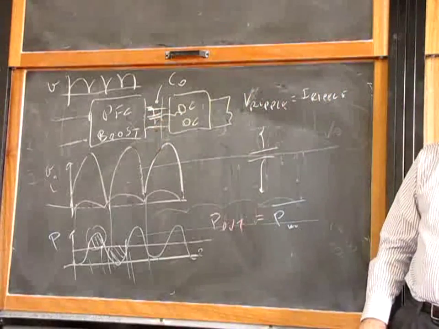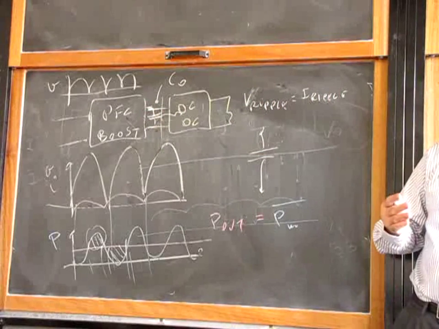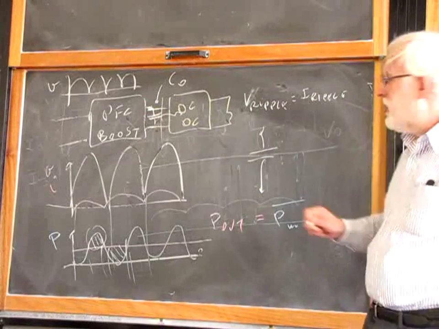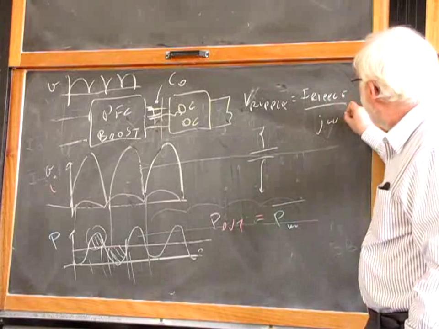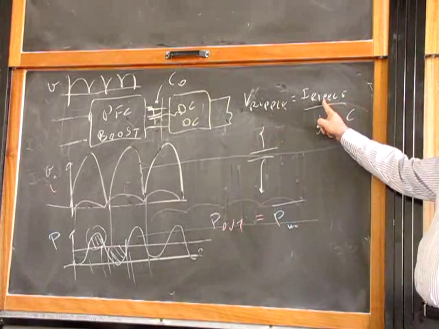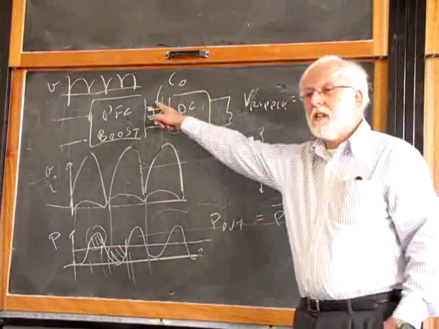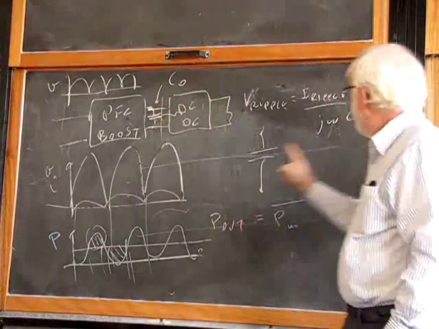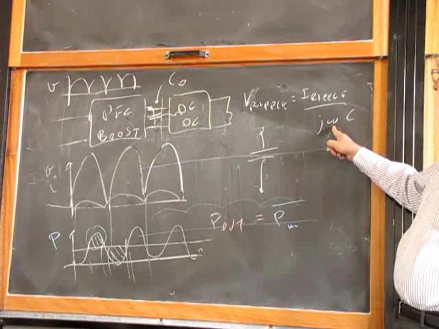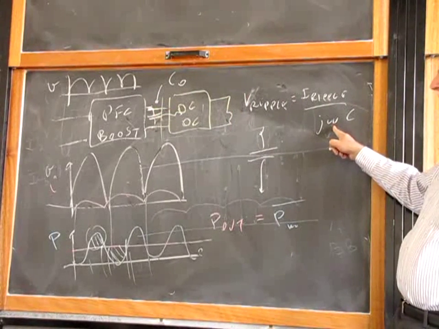What is the capacitor impedance in frequency domain? 1 over j omega C. So you know the ripple, peak to peak value. You know the current ripple, you have to find it out coming out from here, peak to peak value. And you have omega. What is omega?